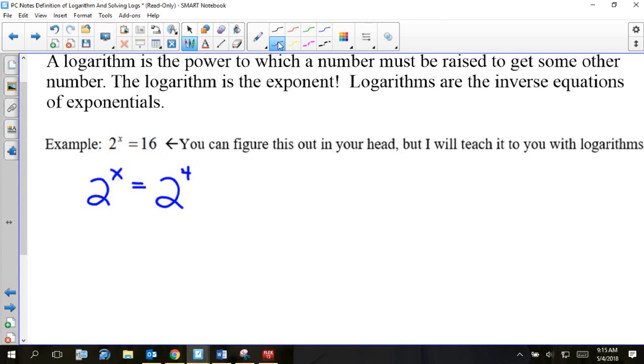Logarithms always have a base, and that base is the little number at the bottom. This is an equation. I'm allowed to do whatever I want to this equation as long as I do it to both sides. So I'm going to log both sides with a base of 2. I'm going to have log base 2 of 2 to the x equals, and on the other side log base 2 of 2 to the 4.